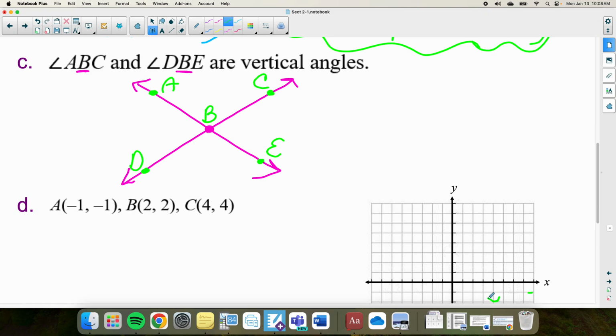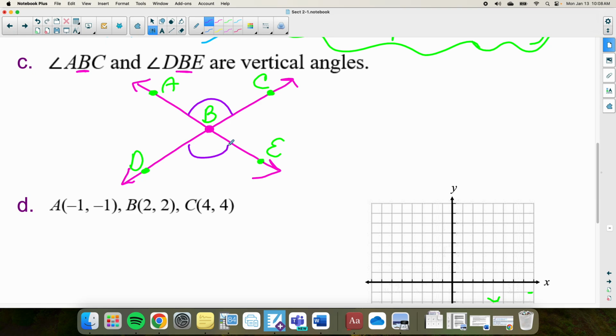If you remember what vertical meant, it's when you have two straight lines, and it's the angles across from one another. What do we know about vertical angles when they're across from one another? Do you remember? If you turn them slightly, they become a right angle? Not necessarily. You would have to move one of those lines for that, and you wouldn't be able to do that. What we learned about vertical angles, you guys, is that they're congruent.